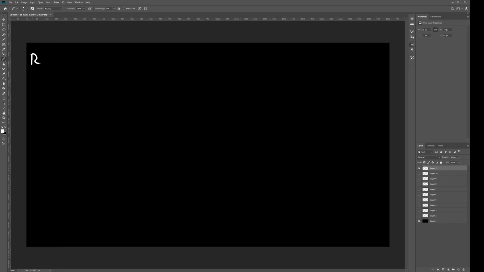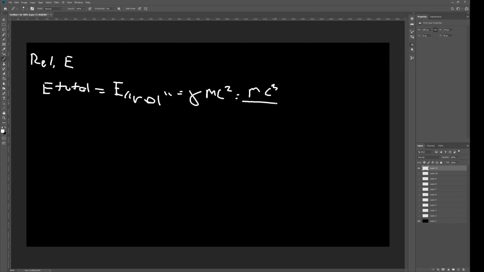Now we have relativistic energy, where E total, or E_rel, is equal to that symbol times mc squared, which is just mc squared over the square root of 1 minus v squared over c squared.